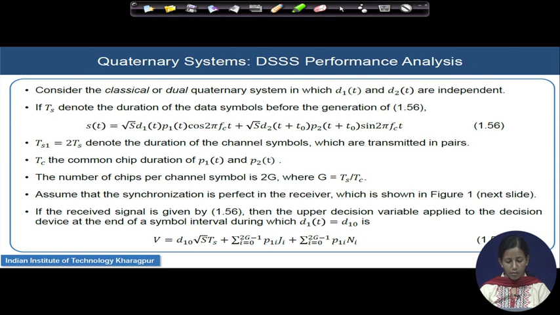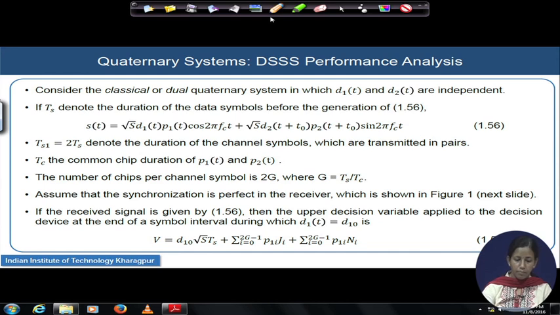Let us consider a classical dual quaternary system. The dual quaternary system has D1 and D2 independent, as discussed in the last slide, and if TS denotes the data symbol duration before the generation of this signal that we have seen in the last slide, then TS1 will be the duration of the channel symbol.